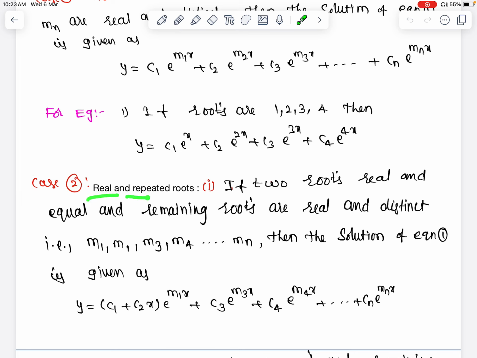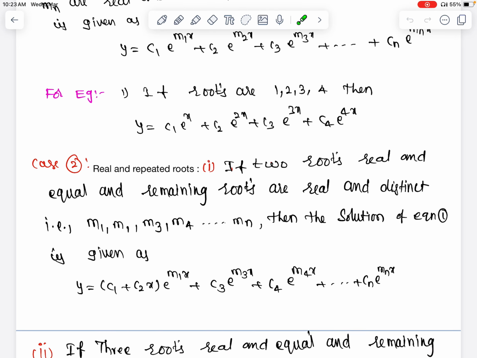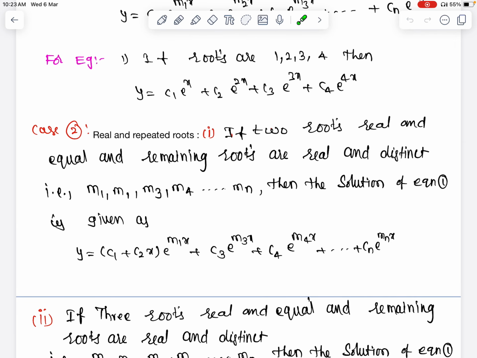Here the roots are real and repeated. Real and repeated means what? In case 2, I am taking sub-cases. If two roots are real and equal and the remaining roots are real and distinct, that is m1, m1, which are both the same, and the remaining are real and distinct.